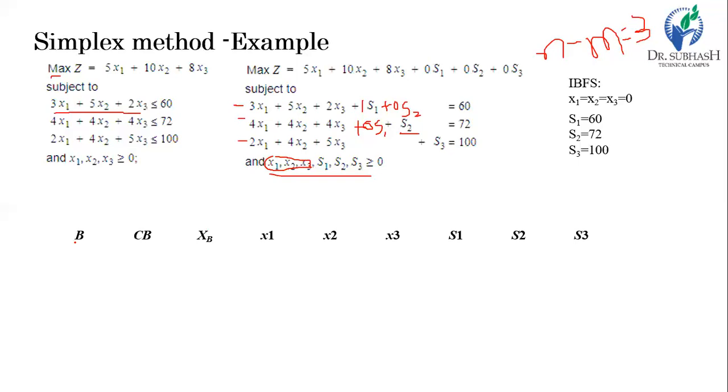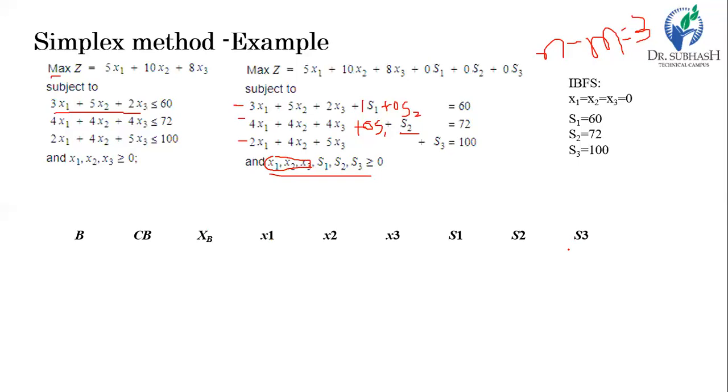B stands for basic variable, CB stands for the coefficient of the basic variable in the objective function, and XB is the value of this basic variable. Then X1, X2, X3, S1, S2, S3: these are all the variables available for this problem.